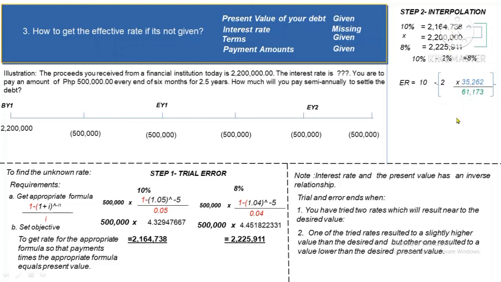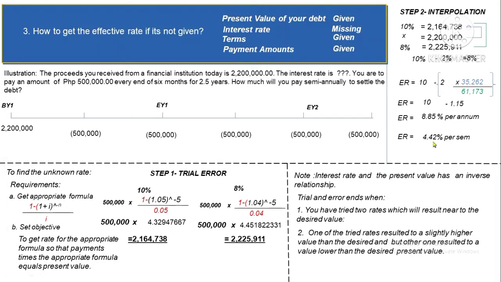So we have 61,173. So in order to simplify that, the effective rate is 10% minus 1.15, or the effective rate is 8.85% per annum, or effective rate is 4.42% per semester or per semi-annual period.